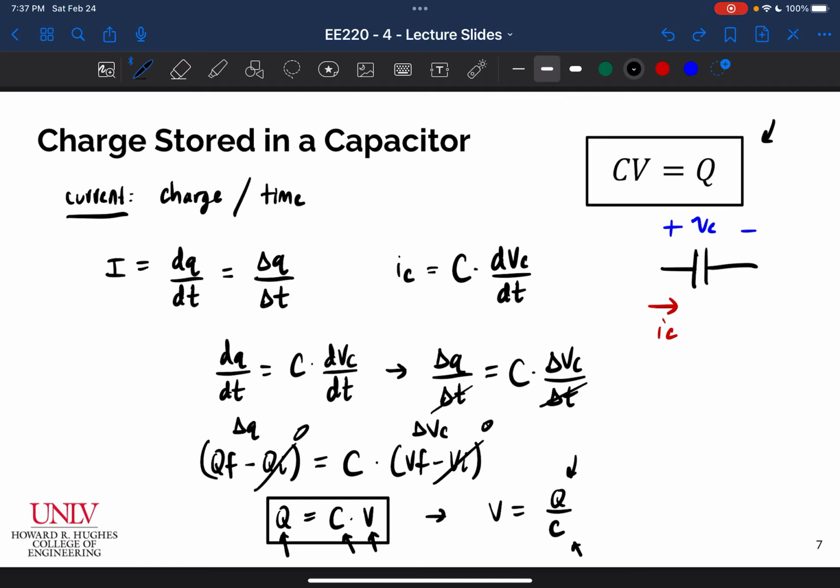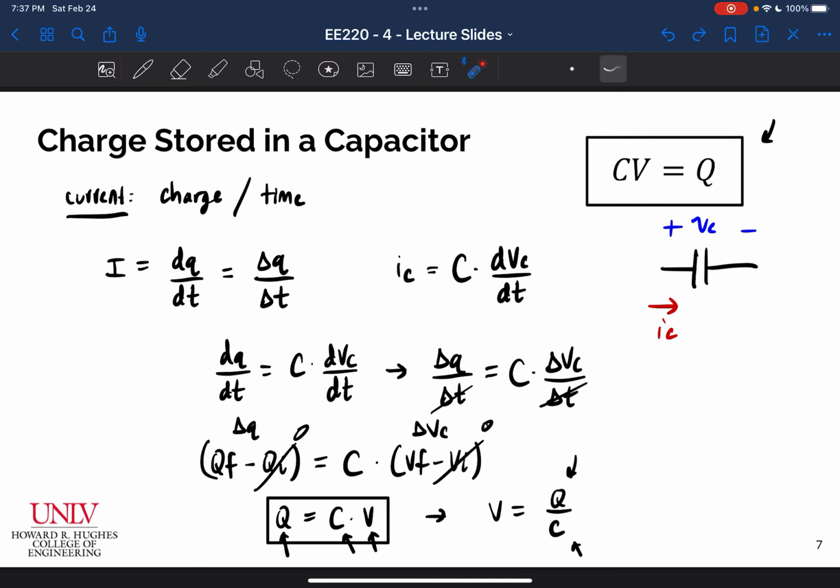CV equals Q is something that you're going to hear a lot and use a lot. It's very important to remember, and I just wanted to take the courtesy to derive it really quickly so that we understand where it comes from. It really just comes from equating the general equation for current, which is the rate of change of charge over time, with the current specifically for a capacitor.